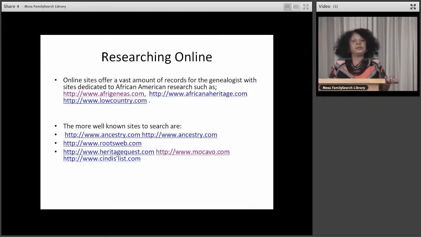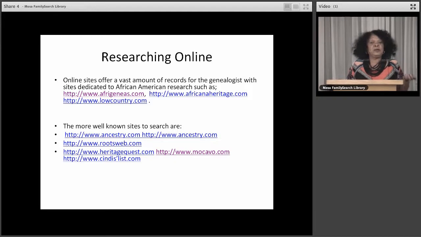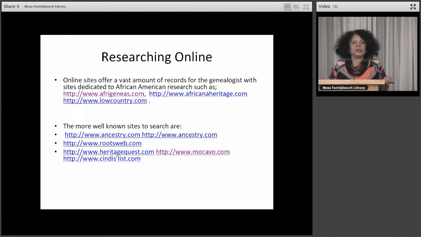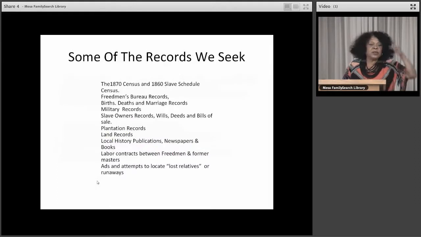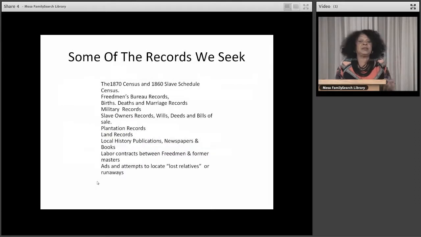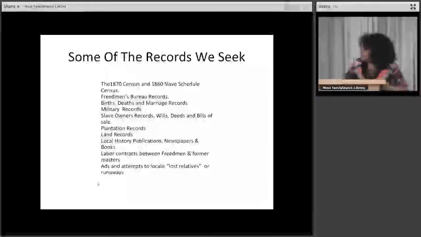If there are records available, it'll come up. It will tell you what they have at their courthouse and give you a drop-down menu of what you can get there. Always Google first. And once again, Cindy's list. And Cindy has huge lists of sites that can be checked out, not just for African Americans.